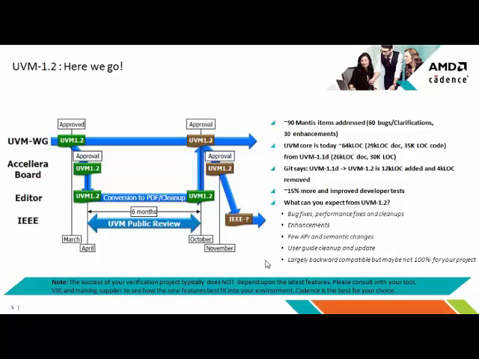Now, that third bullet under what to expect, the few API and semantic changes, is the one that should worry you most, because the API changes and semantic changes mean 1.2 is not backwards compatible with 1.1.